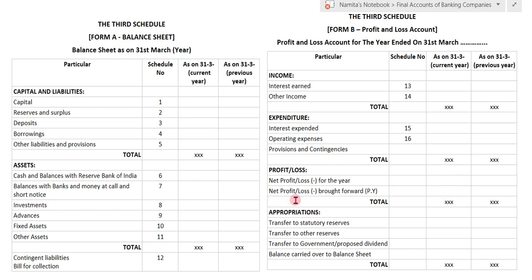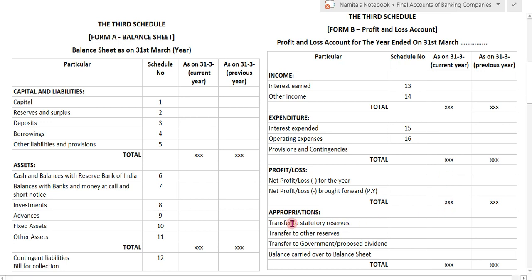Next is net profit or loss brought forward. This net profit or loss brought forward means the profit or loss of the last year of the bank. It is to be noted down in the amount column. Next, write the total of profit and loss.